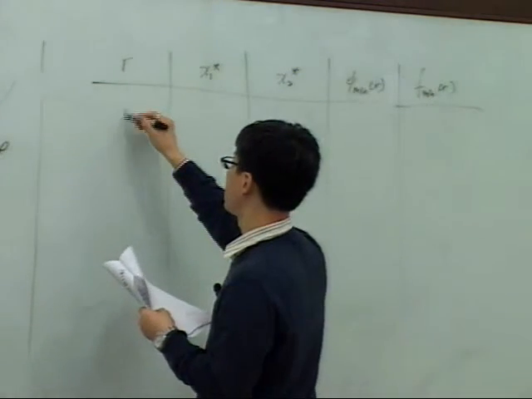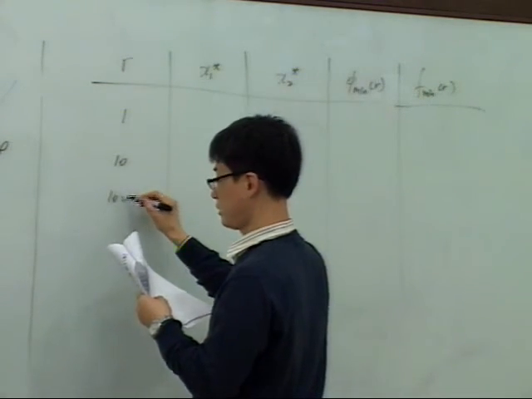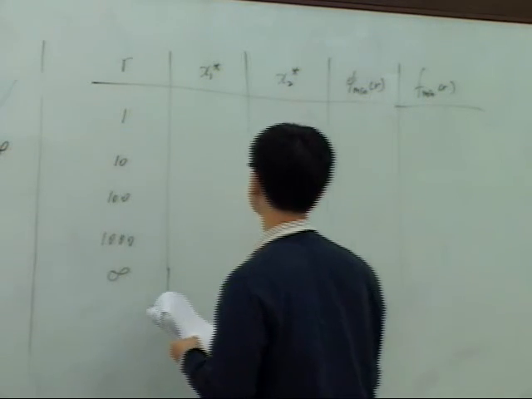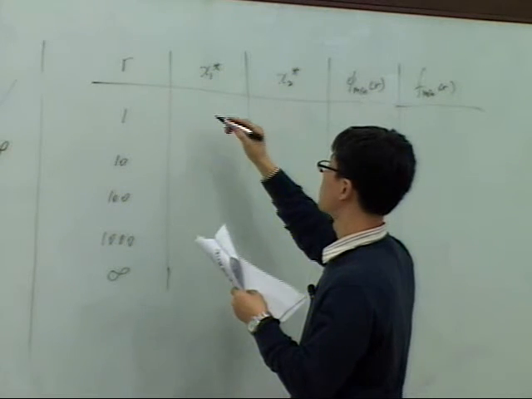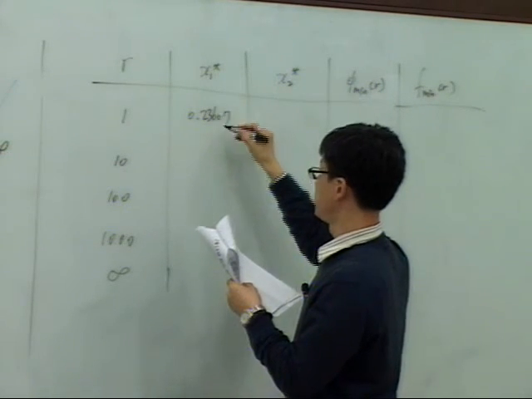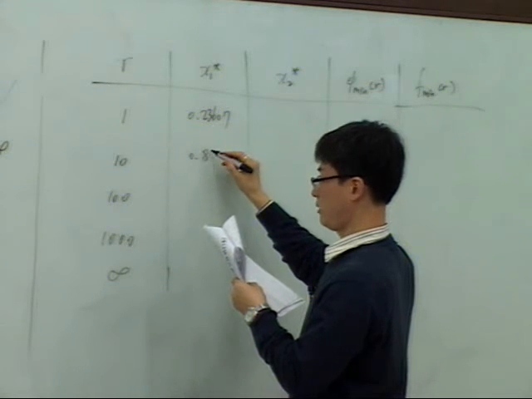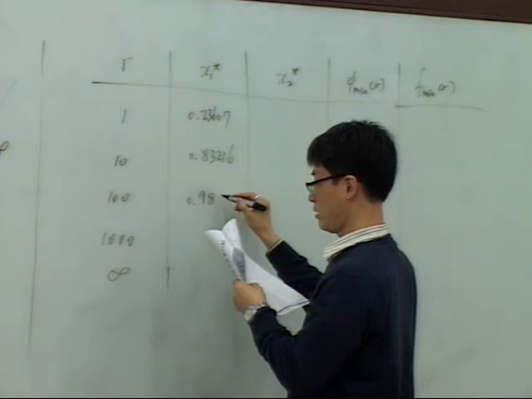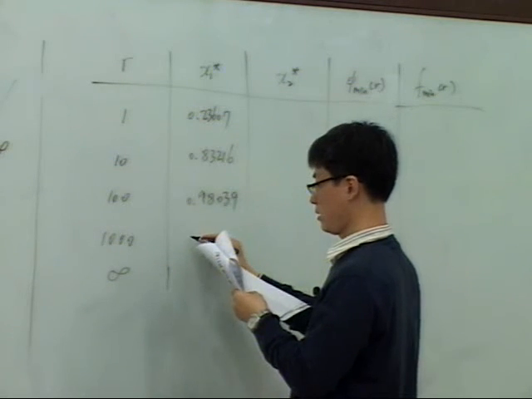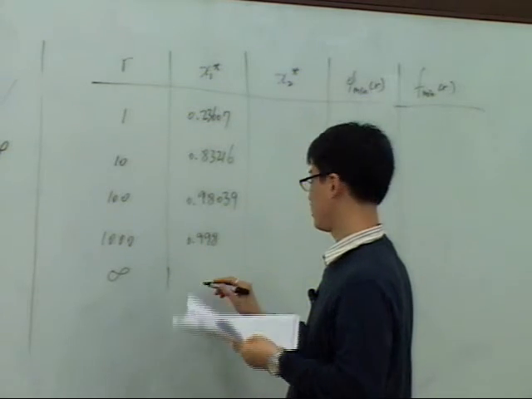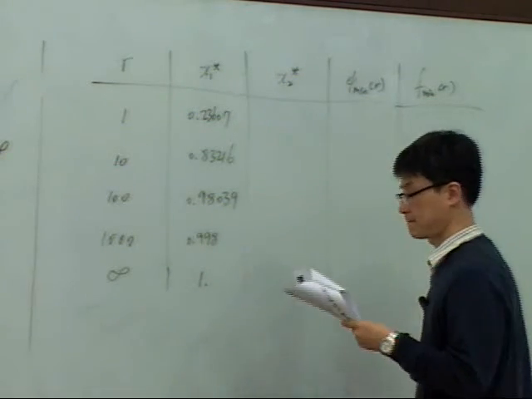If I take r as 1 and 10 and 100 and 1000 and infinity eventually, this x1 value moves to 0.23607, 0.83216, 0.98039, 0.998, and the exact value is 1.